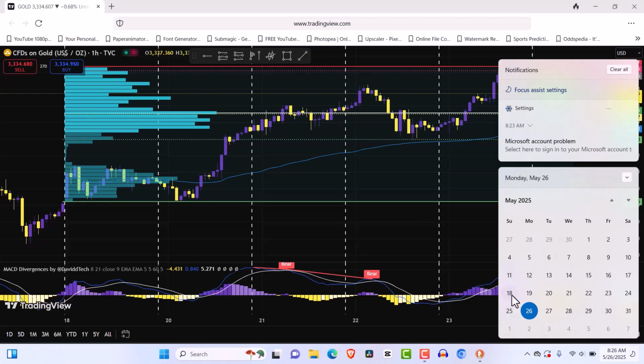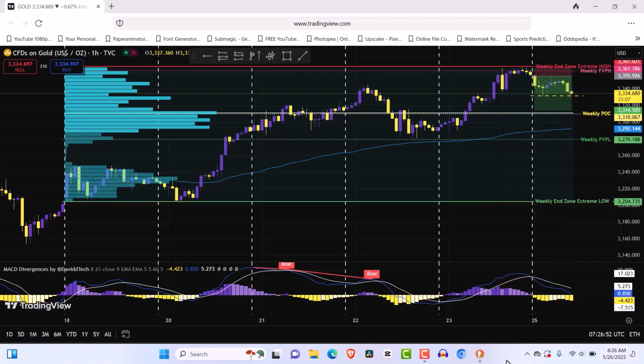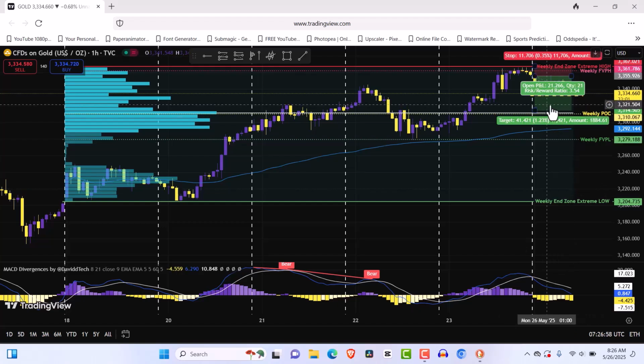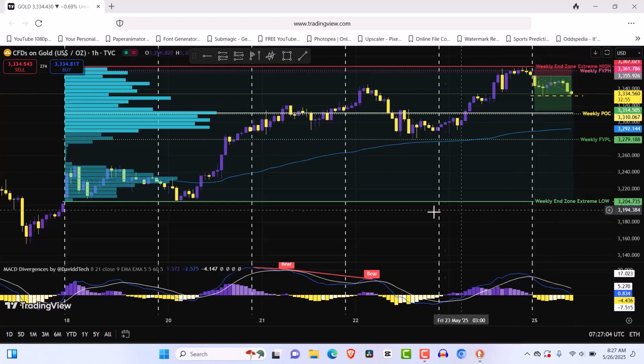As you can see, from 18th May to 23rd, that's what we're going to be looking at. I'm going to be showing you all the A trade. As you can see, I'm in one gold trade from this week's open, and I'm going to be showing you how I take my trade.